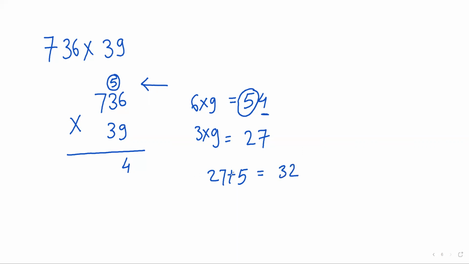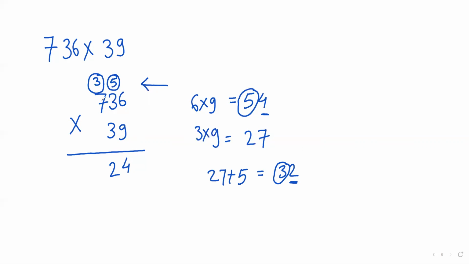Right, when you add 5 to 27, you will get 32. As 2 digits are present, write this unit digit here and take the other number as carry and write it above the next number, that is on 7.